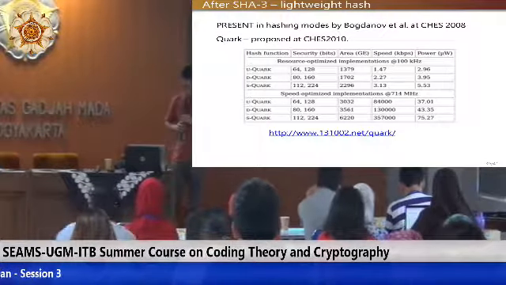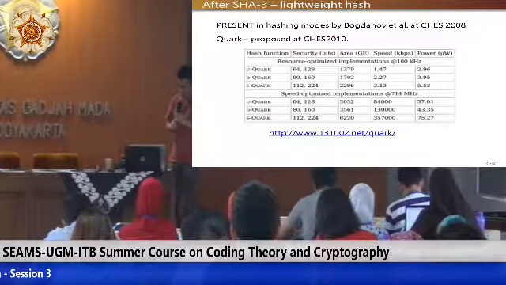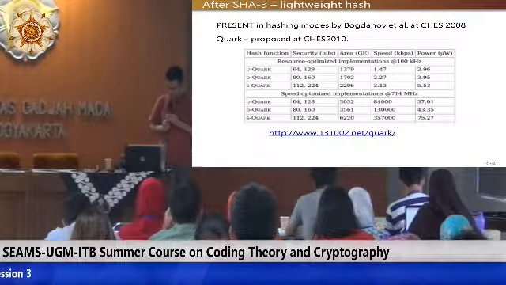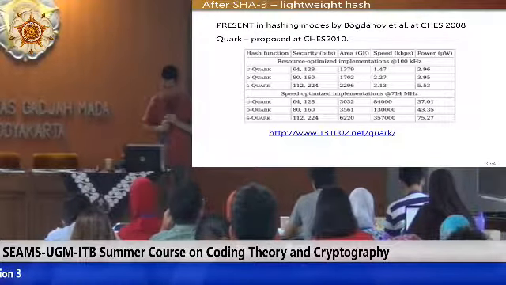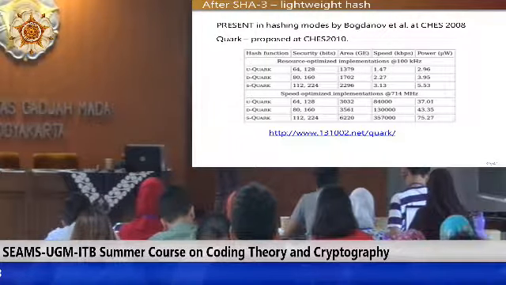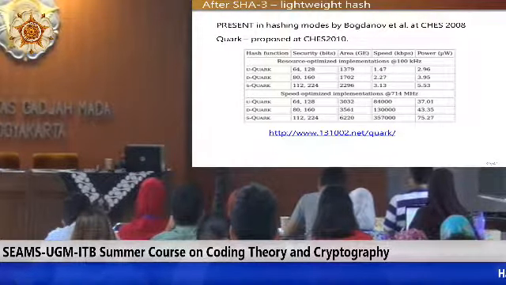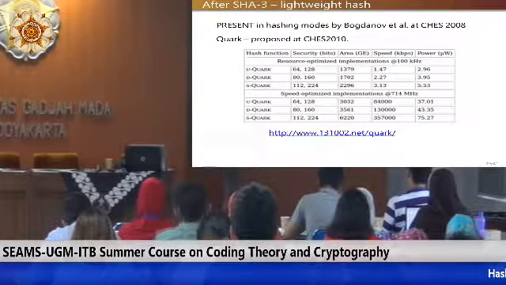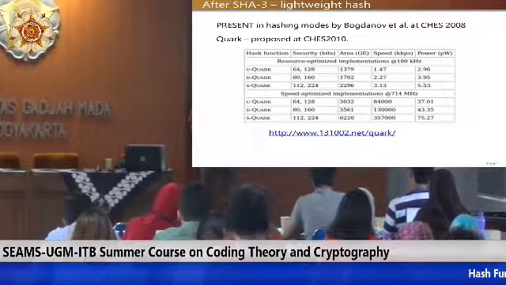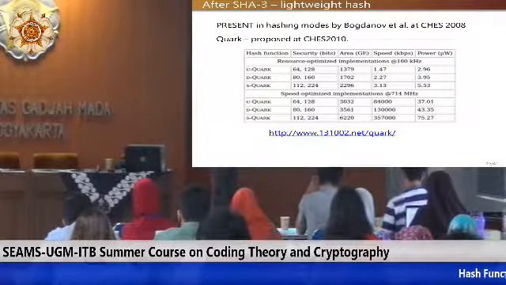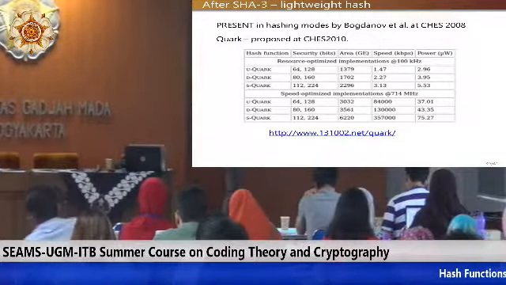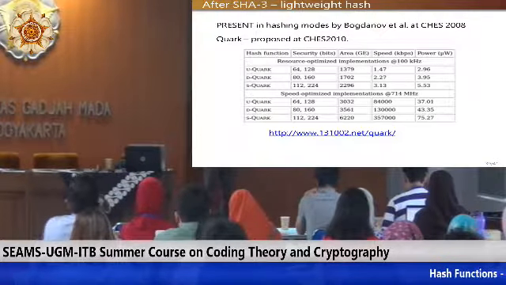And PHOTON is yet another dedicated design. This was published in Crypto 2011. It has many variants from output digest 80 to 256. For 80, we only provide collision resistance up to 40 bits. But in some use cases where collision resistance doesn't matter, this variant provides 80 bits preimage resistance.